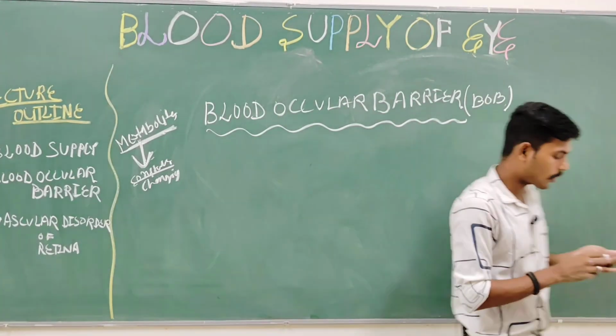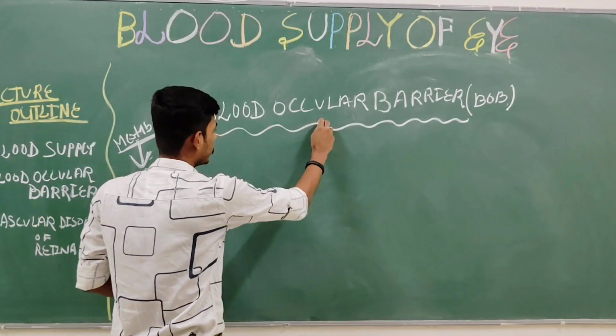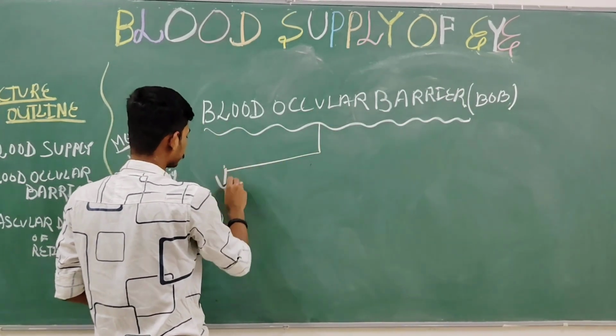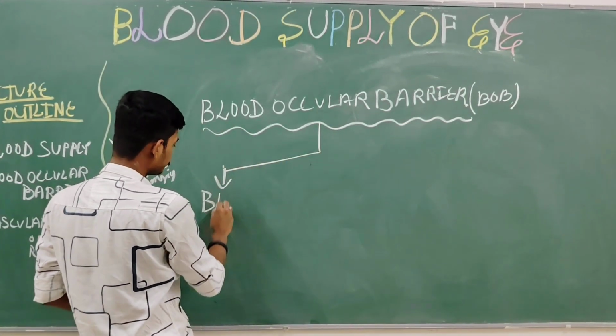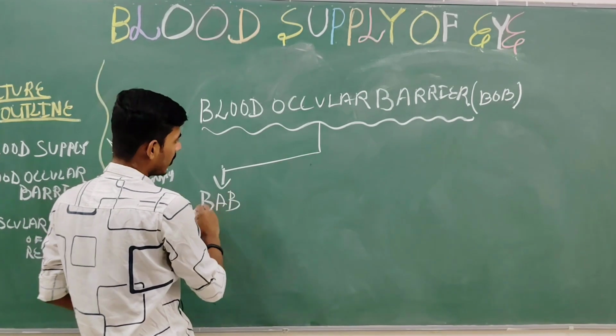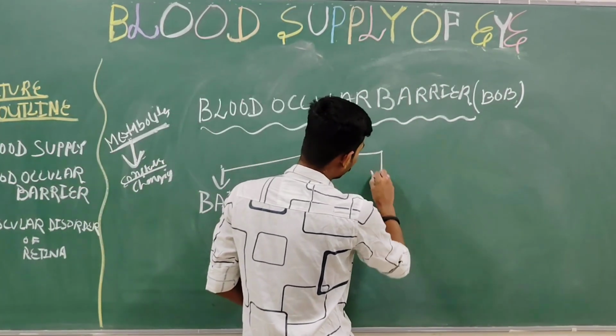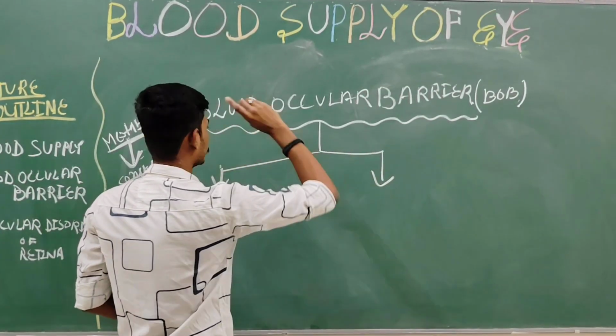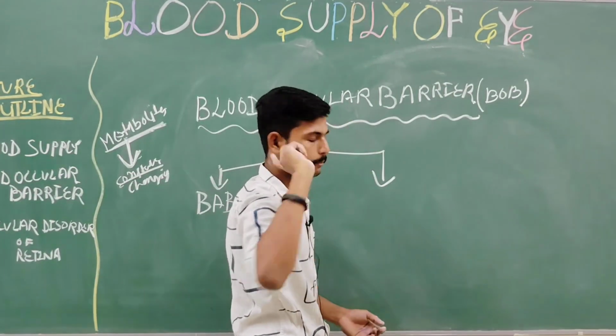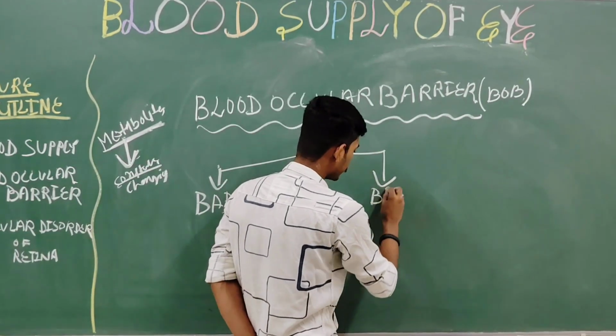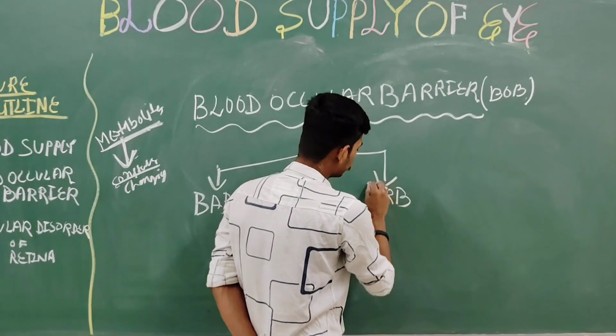The first type is called the blood-aqueous barrier, and another one is called the blood-retinal barrier.